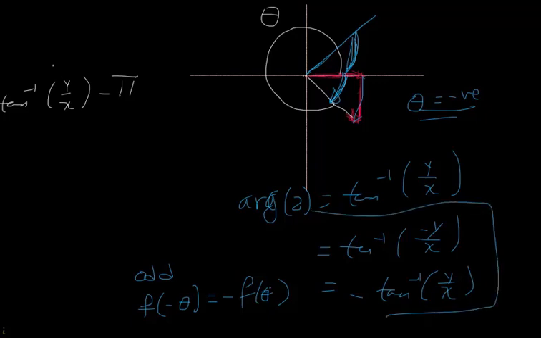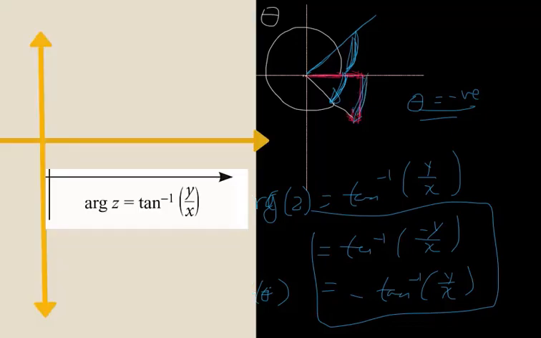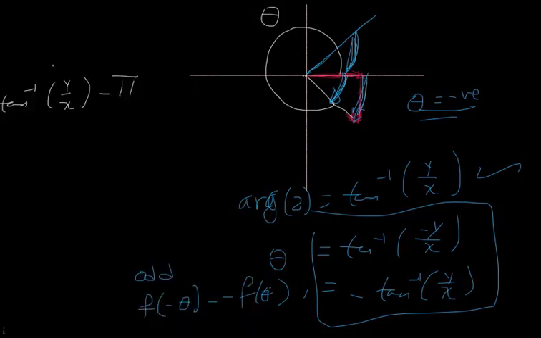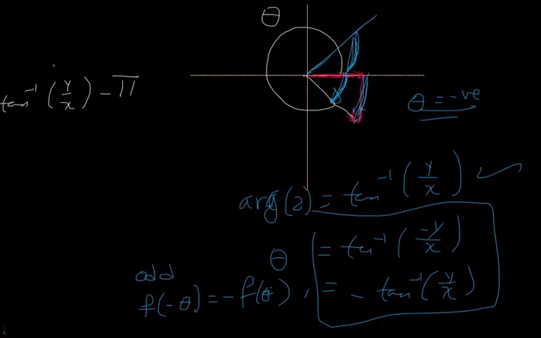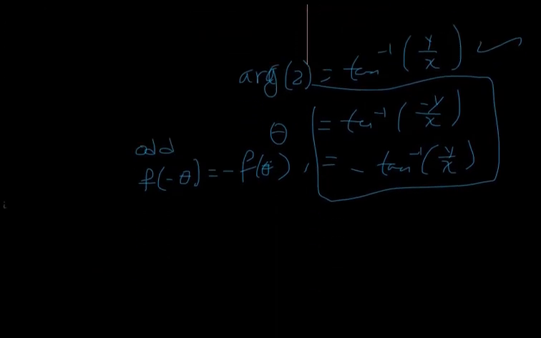Therefore this is our argument. When you multiply by its direction, it becomes positive. That's the reason. This is the argument, but the principal argument will be positive.